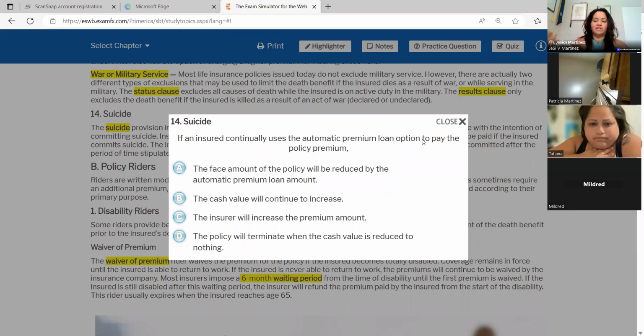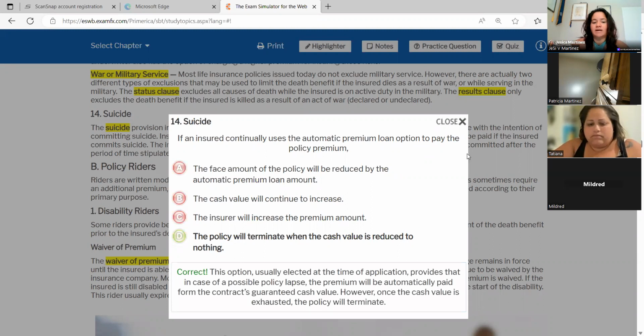If you still have money in your savings to pay the insurance, they'll keep allowing it. But once that savings is gone, it's going to be D, because it's going to end somehow. If you don't keep feeding it money, once that cash value goes down to zero, there is no longer a way to pull after that grace period, and then that policy completely lapses.